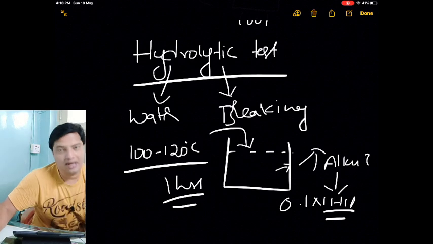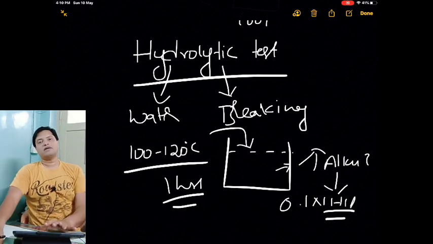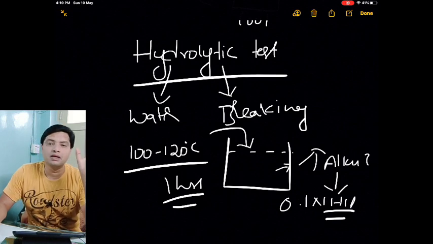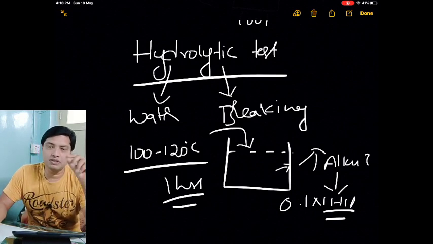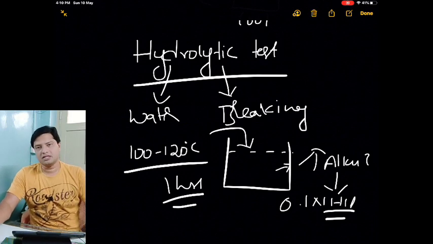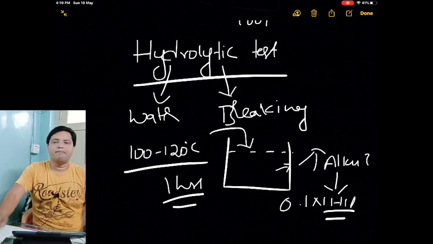To avoid that, we need to test the alkalinity imparted by the glass and prescribe that this type of glass can be used for keeping this type of substance. That's the main agenda behind this.